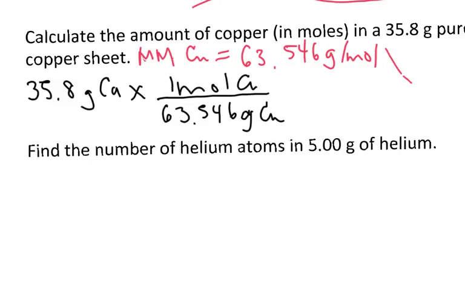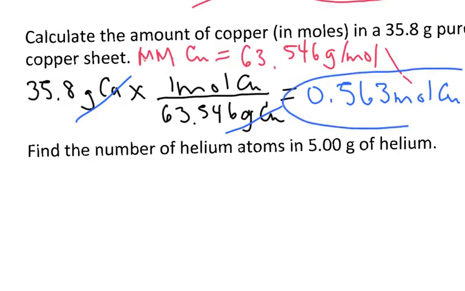I want to make sure that my units cancel out, so grams of copper cancel out. So you have 35.8 divided by 63.54. 0.563 moles of copper. And again, this should have 3 sig figs.